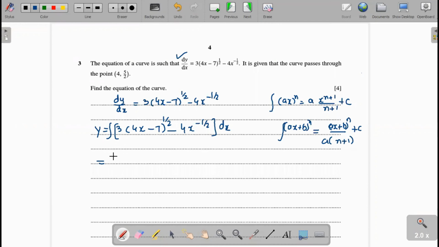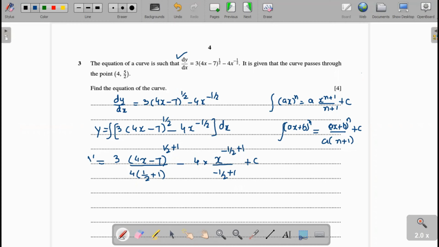We integrate this 3 as it is, into (4x minus 7) to the power 1/2 plus 1, over a, which is 4, into 1/2 plus 1, minus 4 into x to the power minus 1/2 plus 1, divided by minus 1/2 plus 1, plus c.